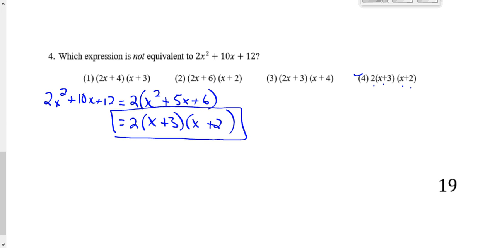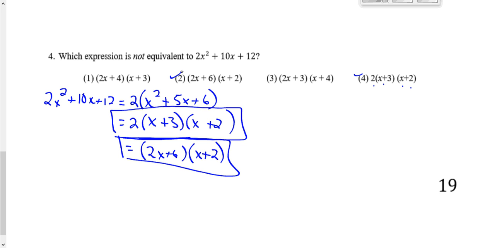Look at what we just got to, and then look at choice 2. What do you think they did? Distributed what into what? Into the x plus 3, right? So they did this. So there's one of our choices, yeah? So that one's good.